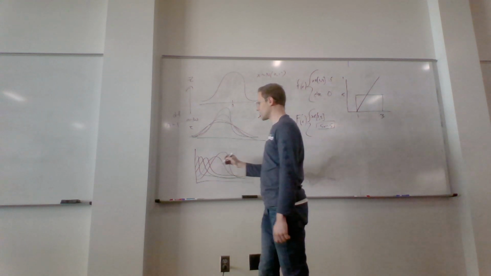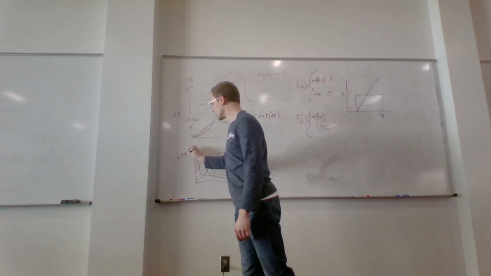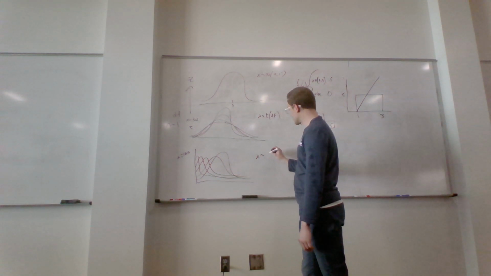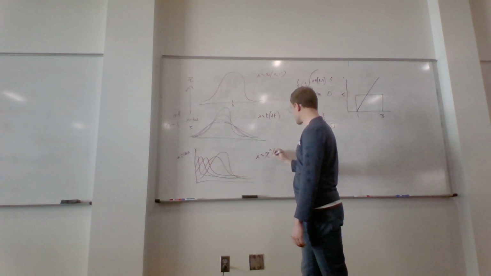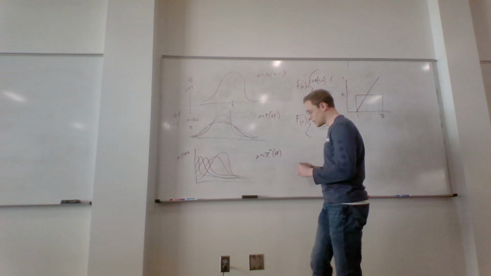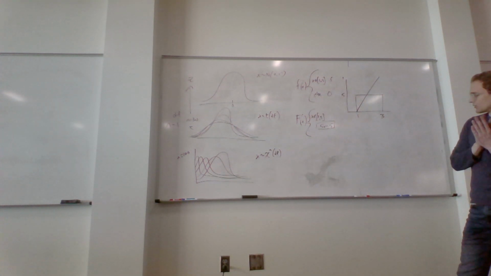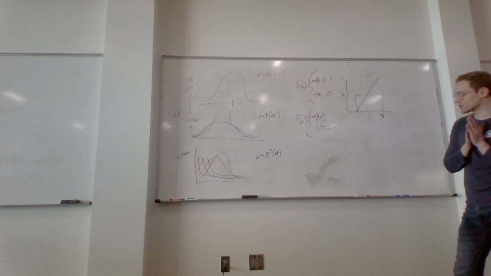But we're talking an n of like 100 for that one. That takes a while. Okay, so that is the chi-squared distribution. Those are all very interesting things.